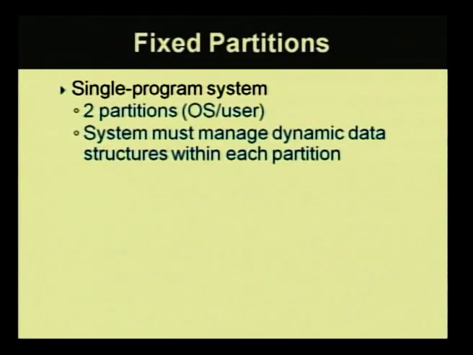The user program and related files are stored inside this partition. The operating system must manage the data handling within every such partition, and memory references from one partition, that is the OS partition, should not fall inside the user partition and vice versa.